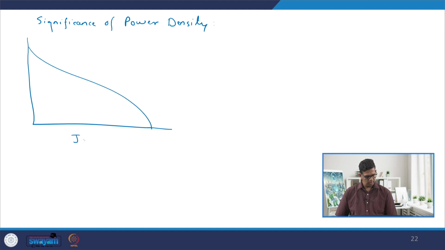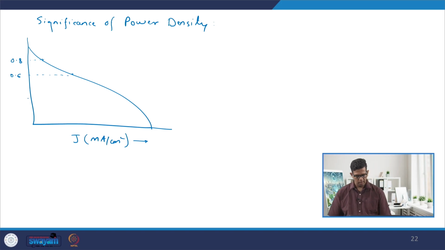This is my current density, let us say in milliamps per centimeter square, and let me take 3 operating points. This is 0.8, then we have 0.6, and then another point, let us say 0.3.